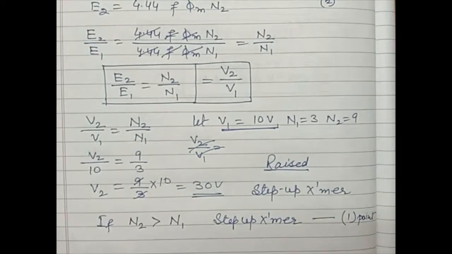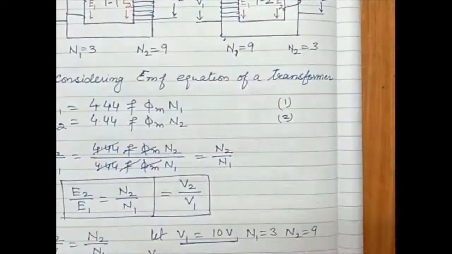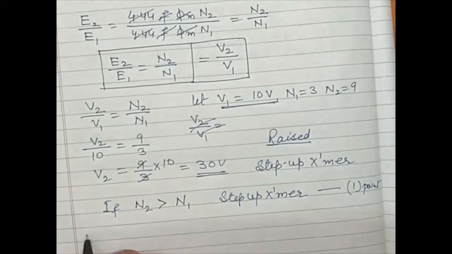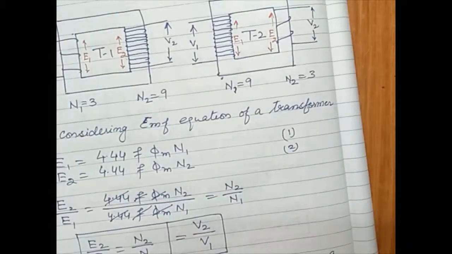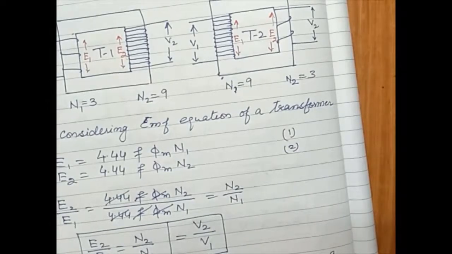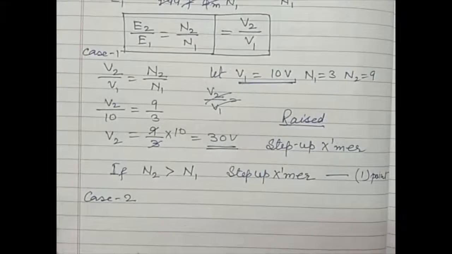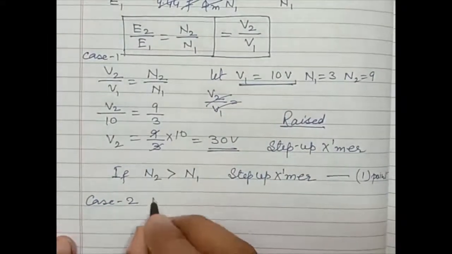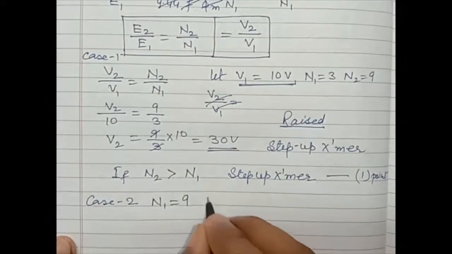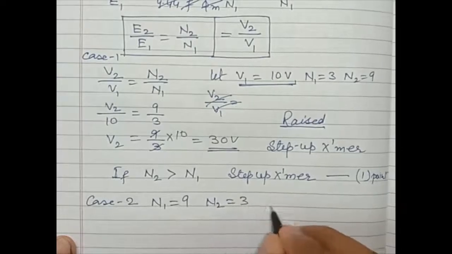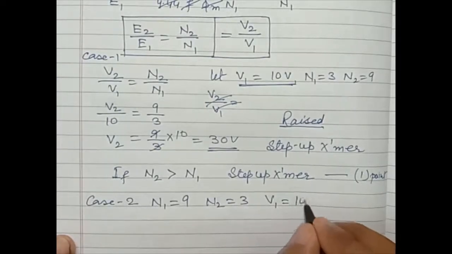Now considering the second, T2, this one here. This was case 1, now this is case 2. Here N1 is equal to 9, whereas N2 is equal to 3, and the applied voltage V1 is 10 volts.